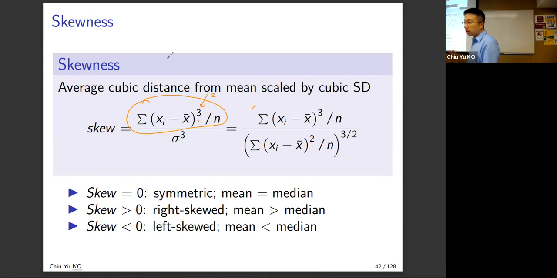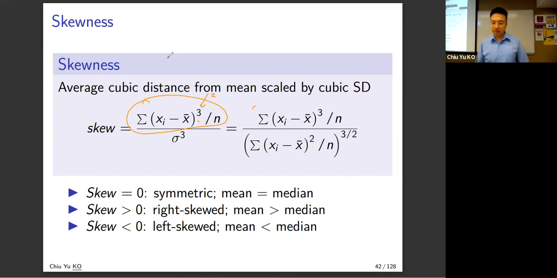By doing so, you allow negative and positive to come into play, because square is always positive, but cubic, negative remains negative and positive remains positive. And if you have an observation very far away from the mean, then this value will be very big.